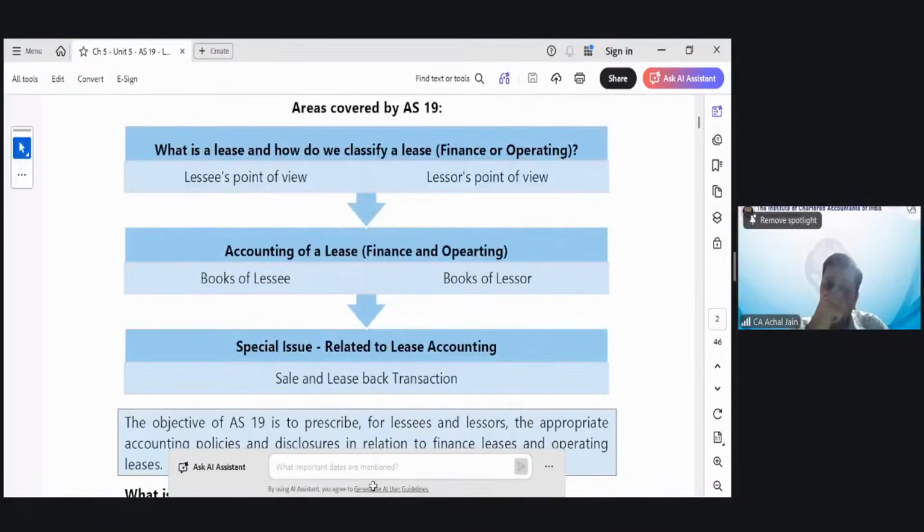We'll discuss what a lease is. Certain types of leases also need to be looked at, because the accounting treatment of leases depends on the type of lease. What are those types of lease? All of those aspects we will cover.